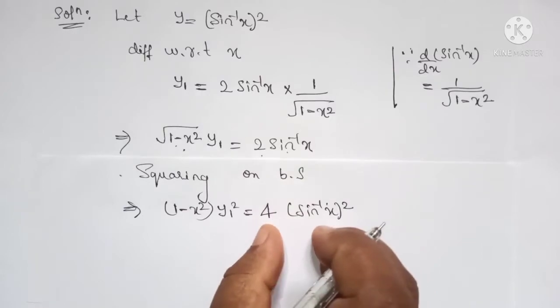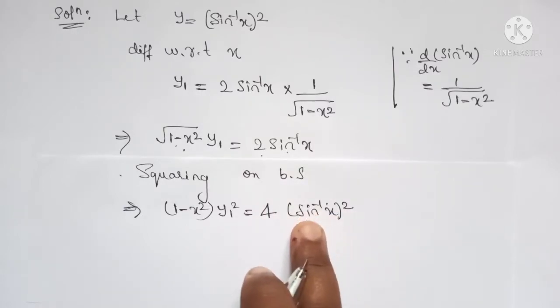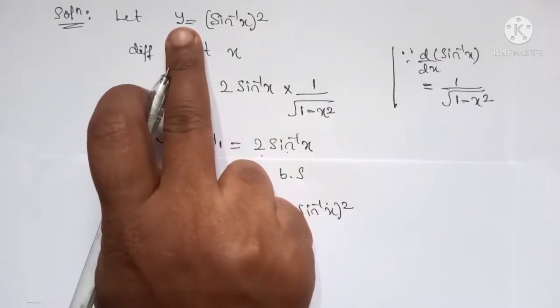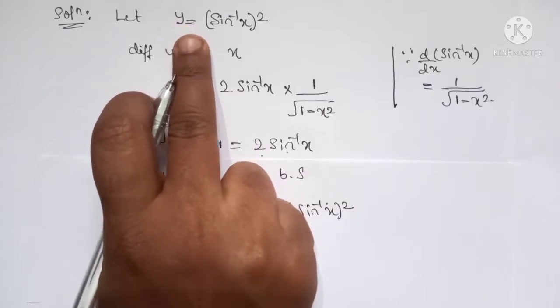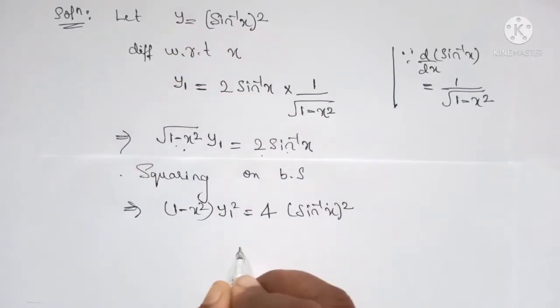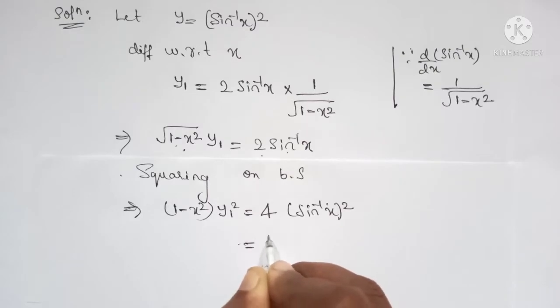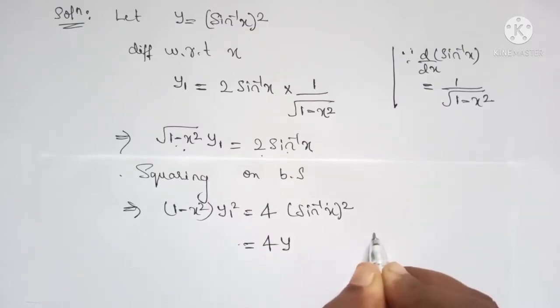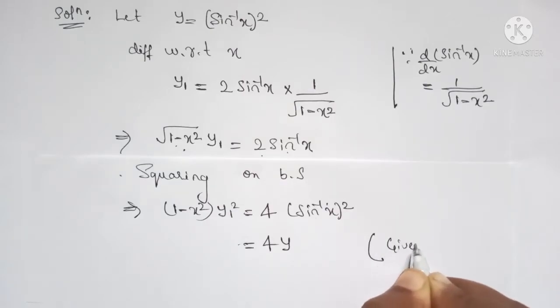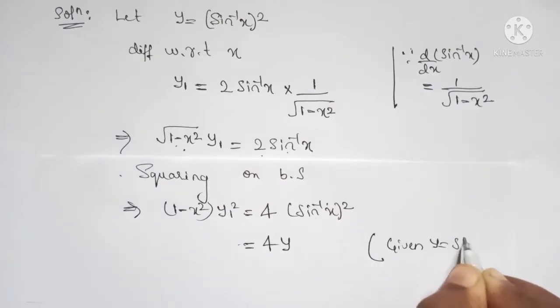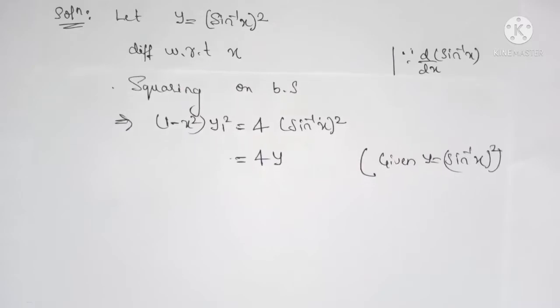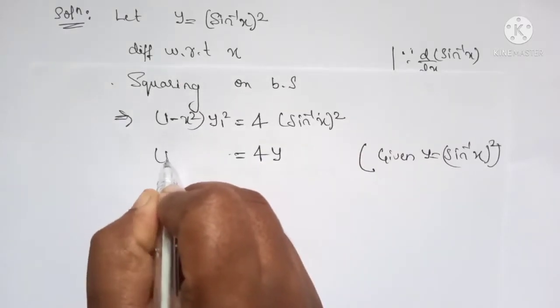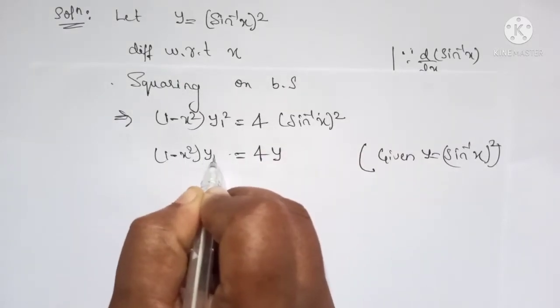But given that y equals sine inverse of x whole square, therefore we substitute that value. So sine inverse of x whole square will be y, and the LHS side stays as it is.